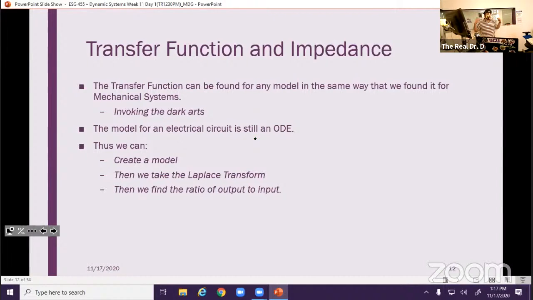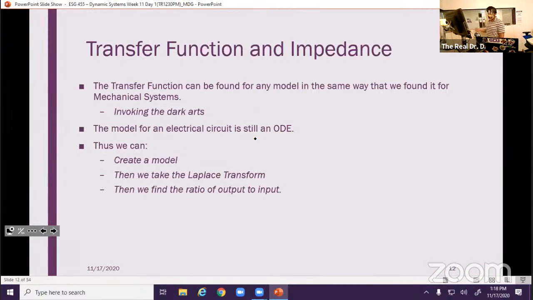So we've been using basically all mechanical models in class. Since the last exam, aside from a couple homework problems, we really haven't touched many thermal fluids or electrical systems. But it turns out that you can apply the same things to any system.